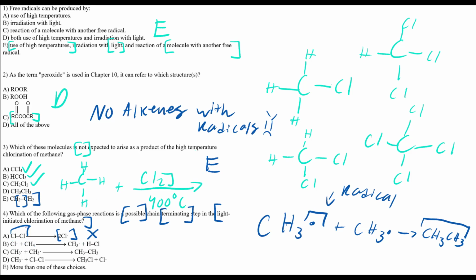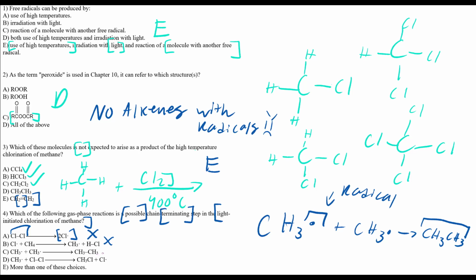What I'm saying here is we have a radical, we have a methane, in the end we have a radical. If you have a radical as a product, we can still continue the reaction, so that's not good. Over here we have two radicals, notice the dot. If these two radicals collide, then I'm not going to have any more reaction.